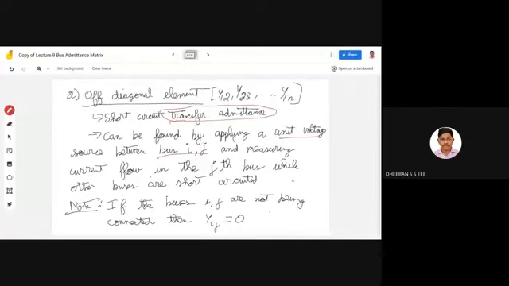If you see Y12, it corresponds to two buses, and we measure the current flowing in the jth bus. If i and j are not connected, you have to consider that admittance to be zero. In some cases, buses 1 and 2 will be connected, and 2 and 3 will be connected, but between 1 and 3 there won't be any connection. In such a case, Y13 will be zero.